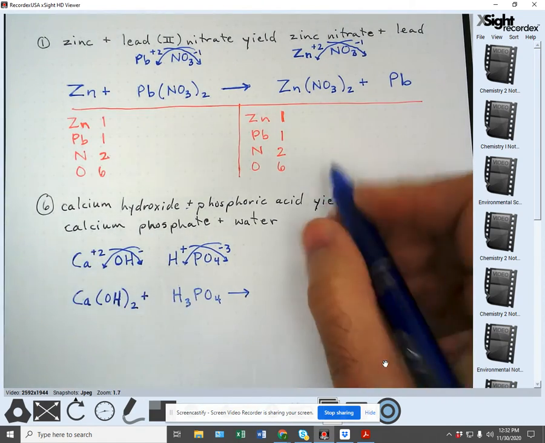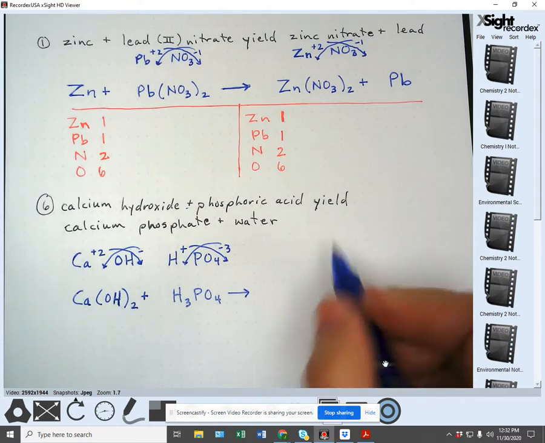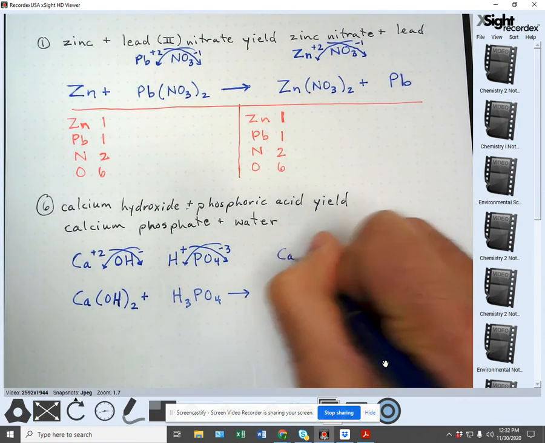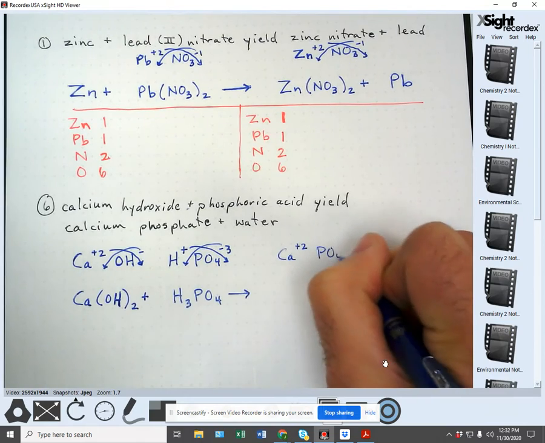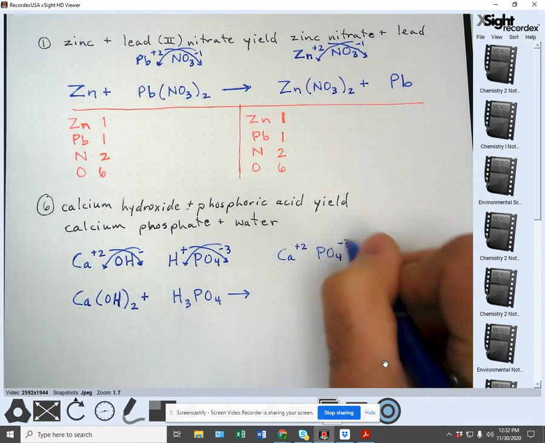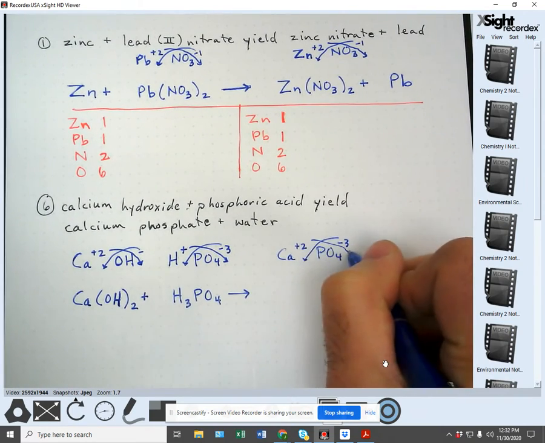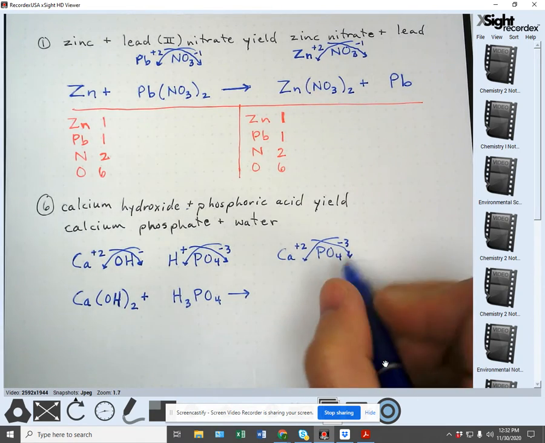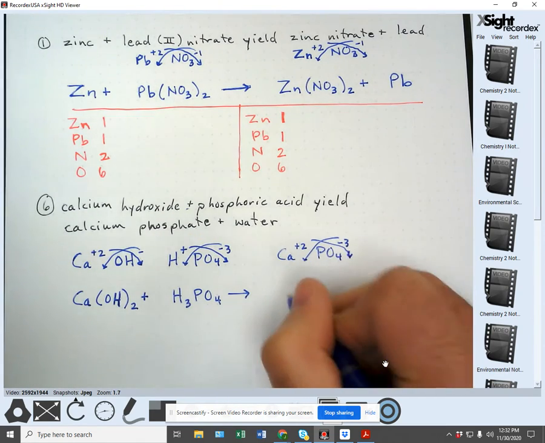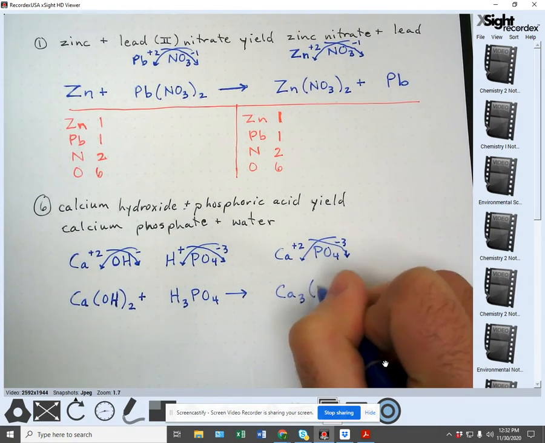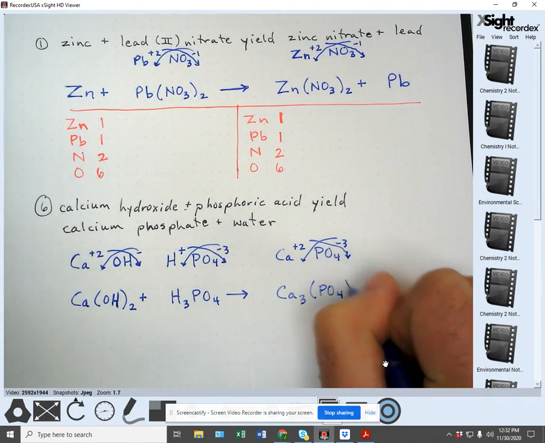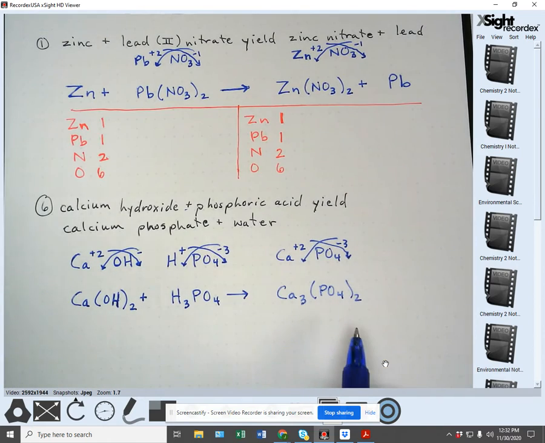Okay, calcium hydroxide plus phosphoric acid yields, my arrow, calcium phosphate. Now I've already got all the charges here, so I don't have to go back and look stuff up. Calcium I know is a +2. Phosphate I know is PO4 -3. Cannot reduce, I cross down. So this gets me, leaving a little space for my coefficient in case I need it, Ca3(PO4)2.